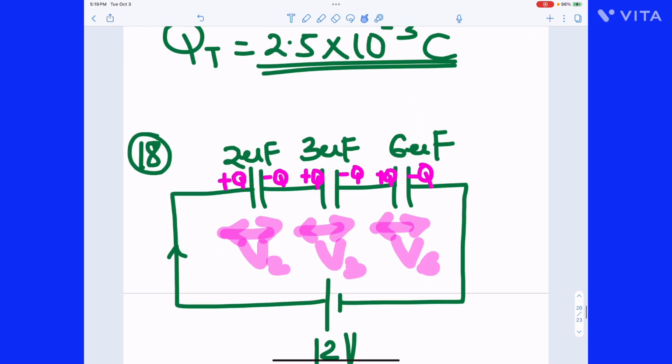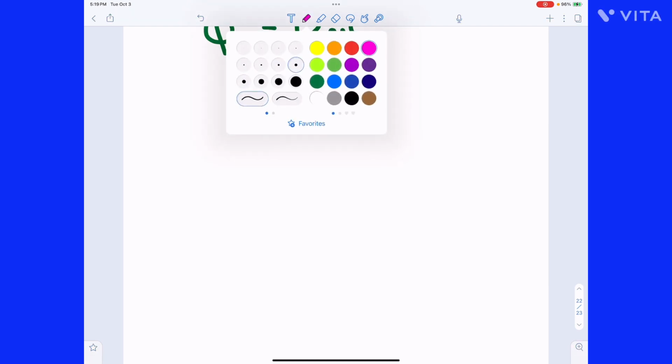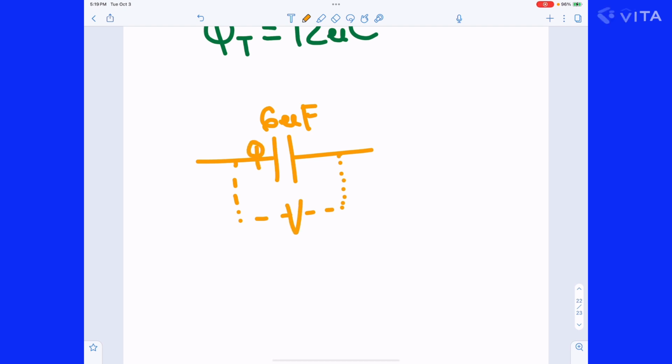To now get the voltage across the 6 microfarad capacitor, that's very simple. Just assume that this is your 6 microfarad capacitor and you want the voltage across it. You know the charge it is storing.